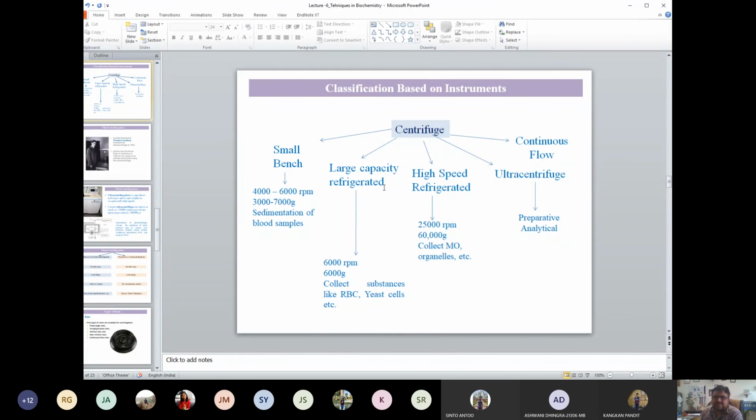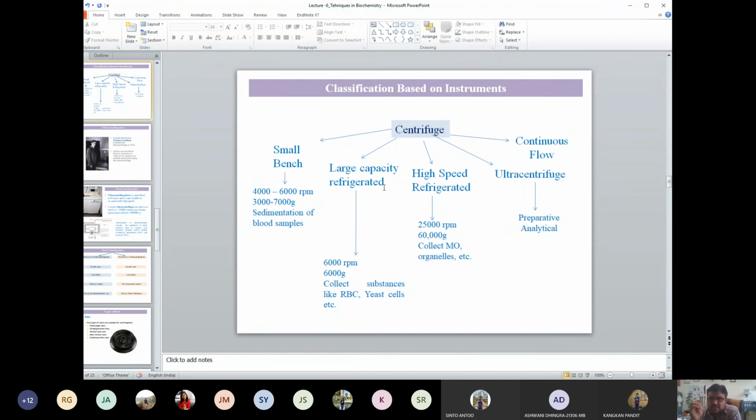There is a third classification which is called the high speed refrigerated centrifuge. High speed refrigerated means it has an RPM of 25,000 and an RCF of 60,000 G. It is basically preferred in case of collecting microorganisms, organelles, plasmid isolation, most of the molecular biology based work which we are doing in our lab.